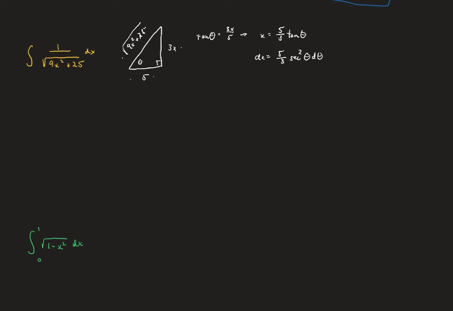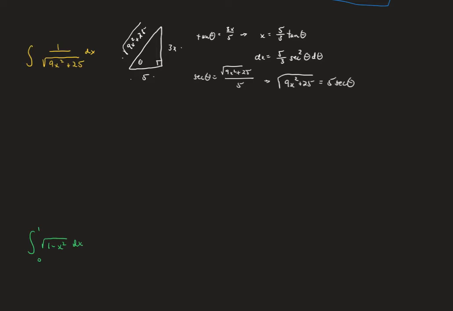So adjacent over hypotenuse would be the cosine, so that means the secant of theta is going to be the hypotenuse, the square root of 9x squared plus 25 all over 5, which means that our radical, the square root of 9x squared plus 25, is going to be 5 secant theta.